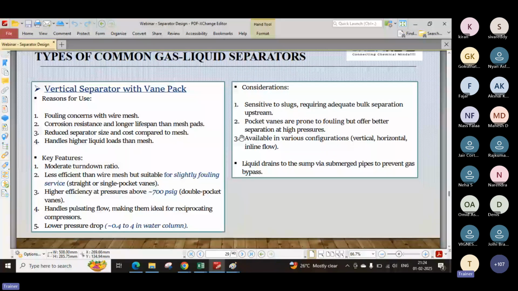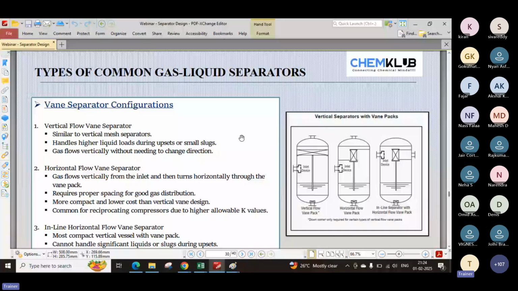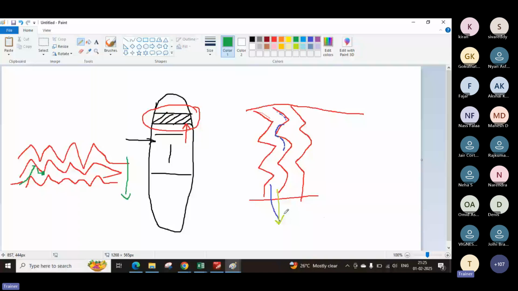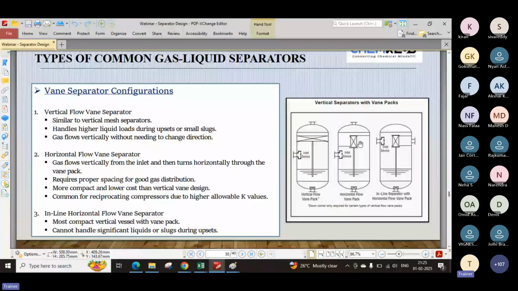Okay, so as I said, a vane pack can be arranged where the flow is in the vertical direction. What we have seen, the flow is happening in the vertical direction. You can use the vane pack in vertical directions, or you can use it in horizontal directions. Like there is a flow happening like this, and that will flow along this side, and the gases will go upward, whereas the condensed liquid will fall down through this pipe connection.